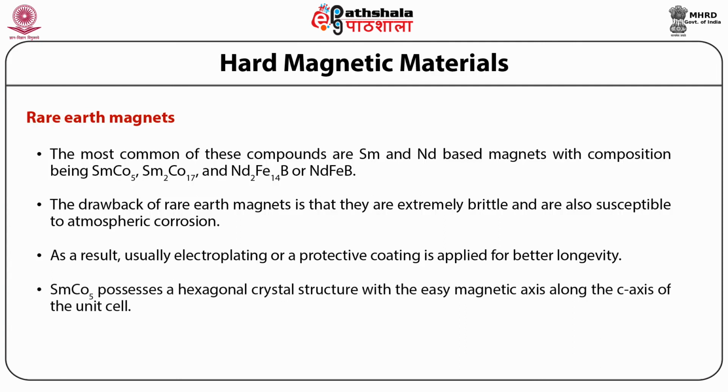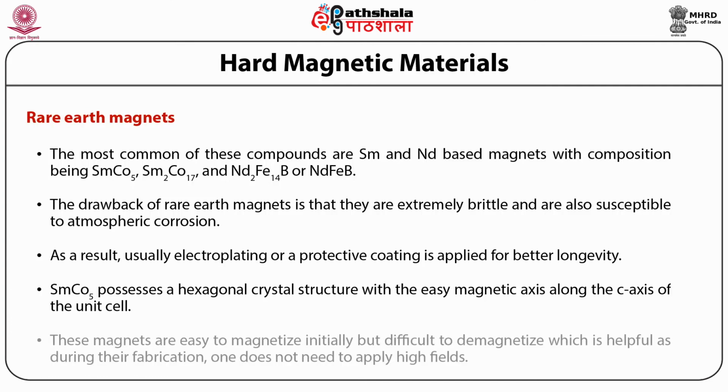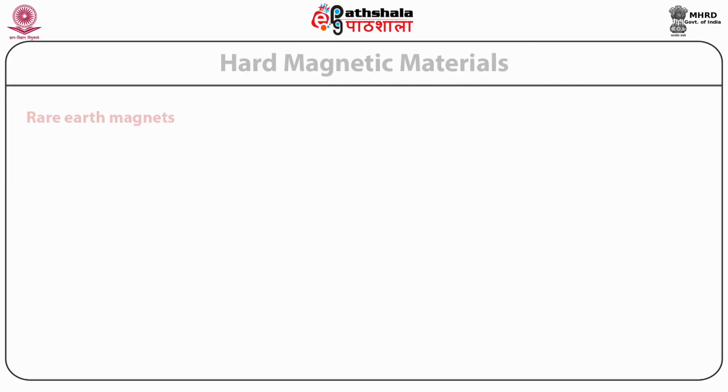SmCo5 exhibits a hexagonal crystal structure with the easy magnetic axis along the c-axis of the unit cell. These are expensive because of the cost of samarium. These magnets are made by melting, casting, followed by grinding to a powder form, which is then processed by powder metallurgical steps to form the final product.